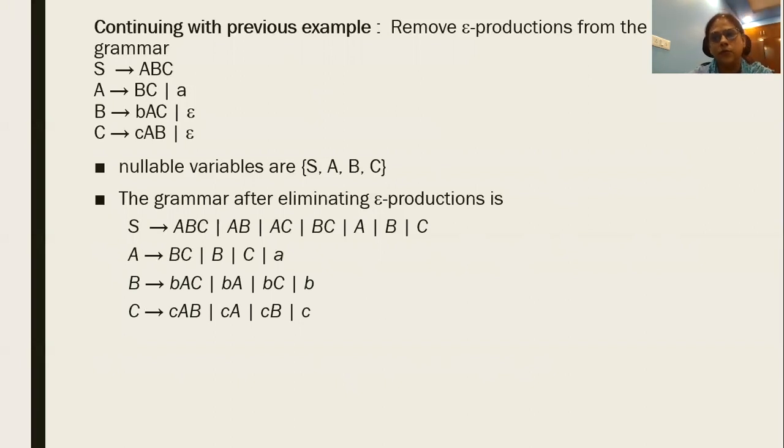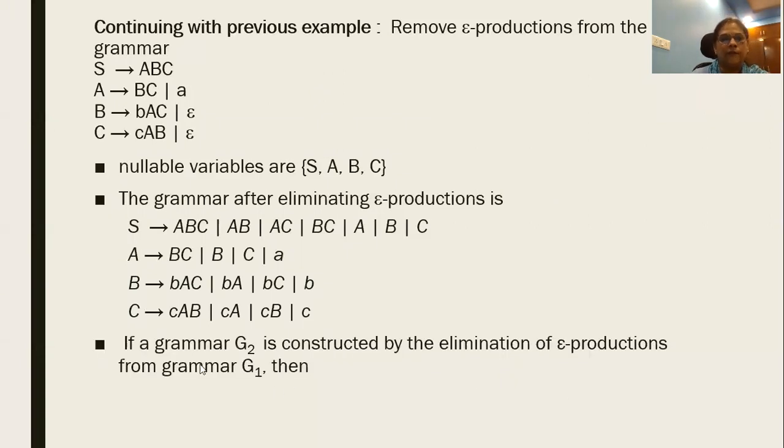Although removing useless productions reduces the number of productions in the grammar, removing epsilon productions increases the number of productions. So if a grammar G2 is constructed by the elimination of epsilon productions from grammar G1, then obviously G2 will not be able to derive the string epsilon, or the null string.